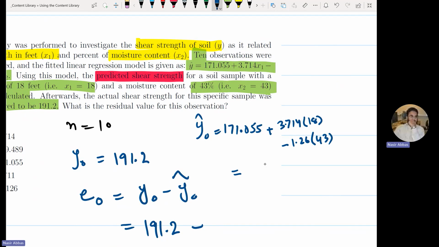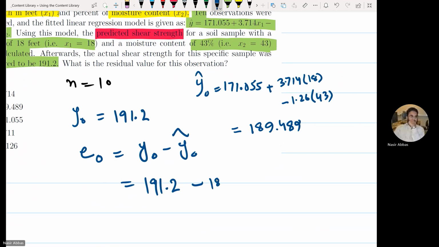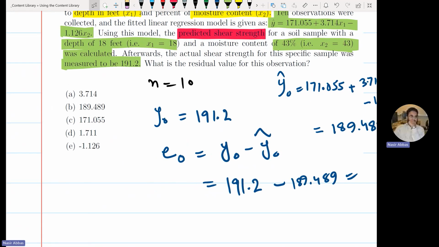This will give you the fitted value, which is 100 and something. So the difference should be positive, which is B, 1.711.